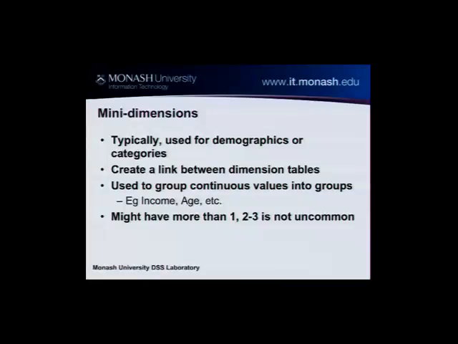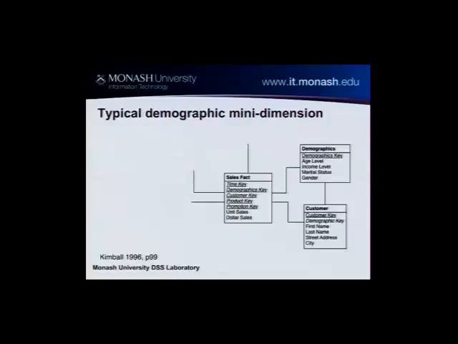Much easier is to allocate a primary key to that thing that we're analysing by, in this case product type or customer group. So giving each of those their own primary key. Now the way to do that is to create what we call a mini dimension for that hierarchical group. So here's an example for demographic information for a customer, so one of those common groupings. And what we've done is we've taken the demographic information out of customer.